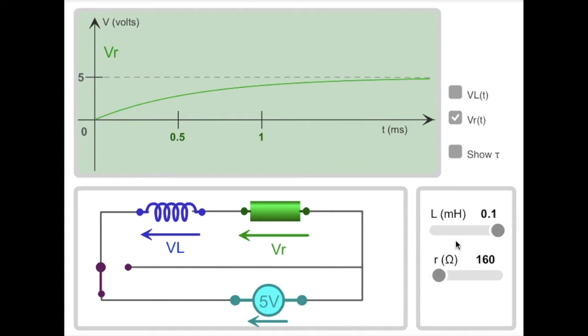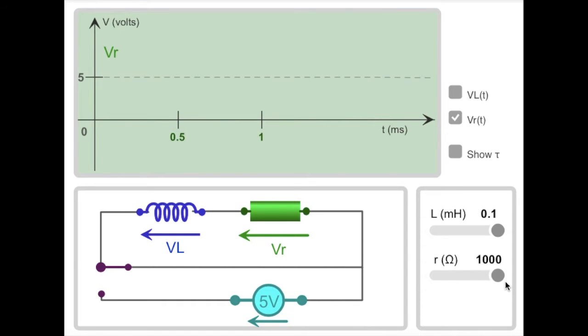So then my inductor has a value of 0.1, which is very high. My resistor has a value of 160, which is very low. A low resistance and a high inductance will give you a very long time constant.